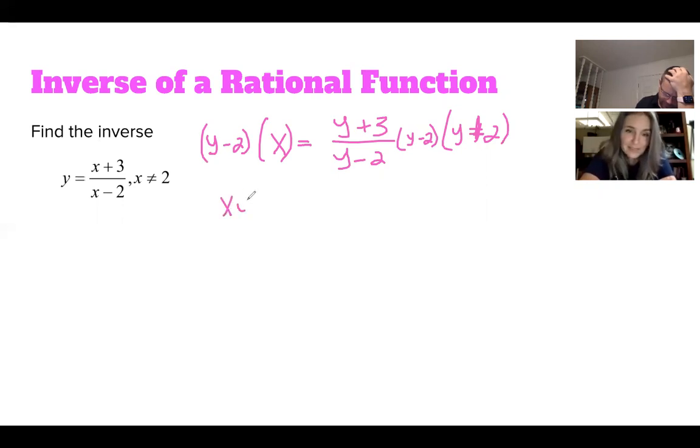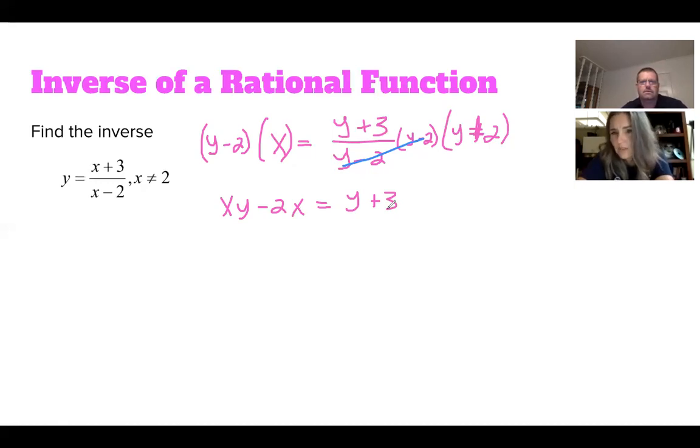I'm going to get xy minus 2x equals y plus 3. It looks worse. And I'm not going to copy the y minus 2 each time. I'm going to assume that and deal with that at the end. So we need to get all the y's on one side of the equation. Let's get all the y's together.